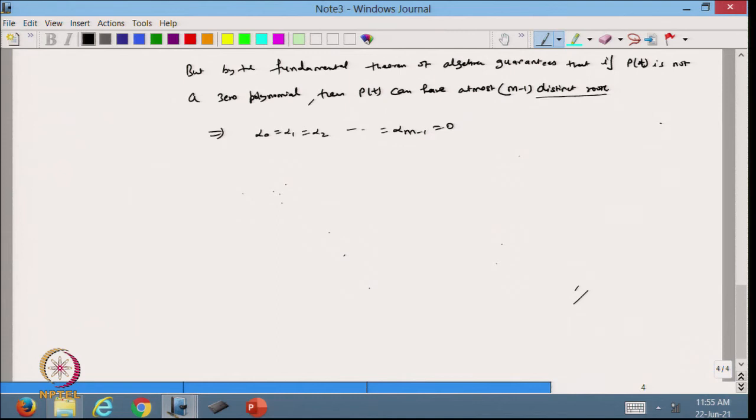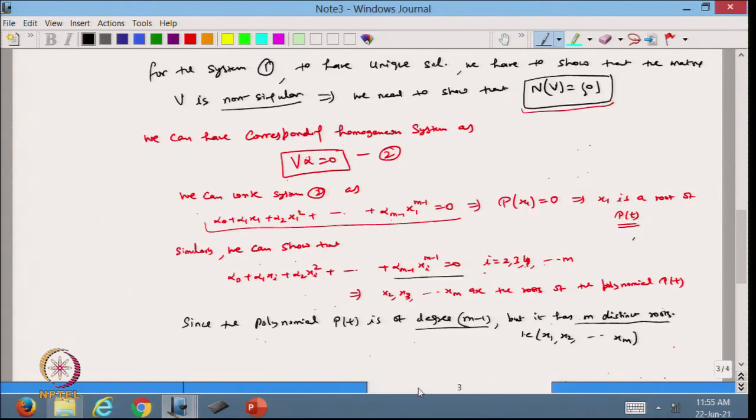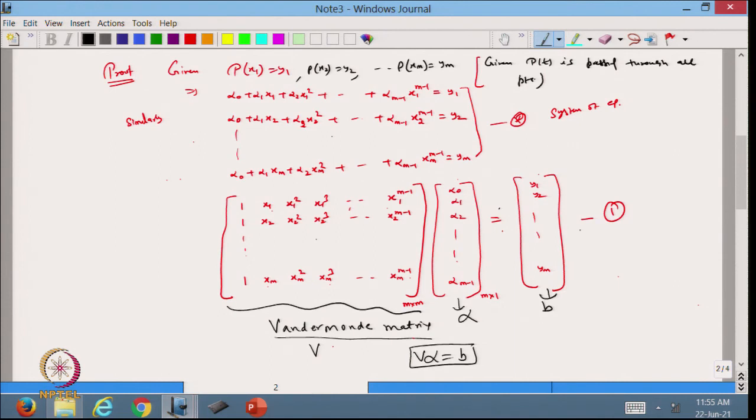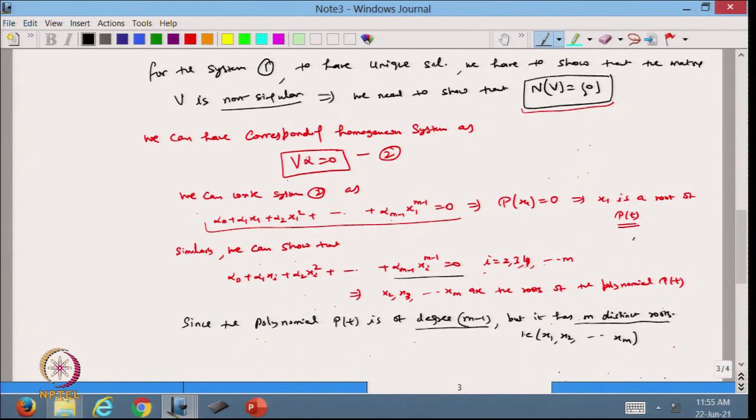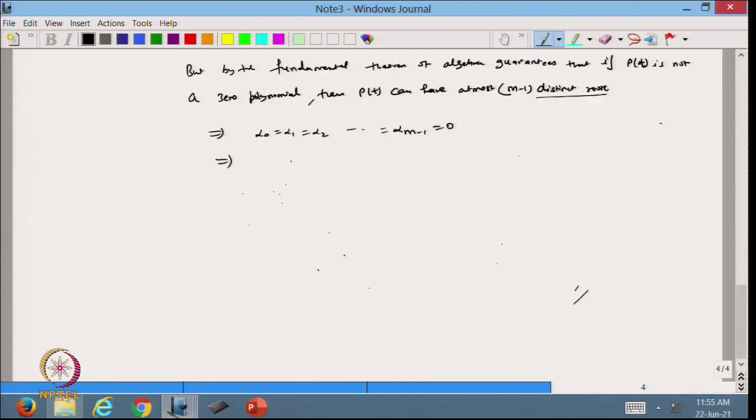So, this polynomial should be equal to 0 itself, and if all these alpha i's are 0, then from system 2, V alpha equal to 0 gives that alpha belongs to the null space of V. The values I am getting, alpha 0, alpha 1, alpha 2, are all 0, so the null space will contain only the 0 element.